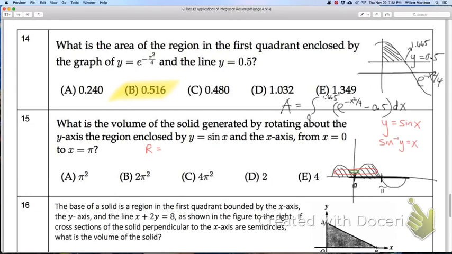So that is the function I have to use. R equals sine inverse of y. And then for little r, lowercase r, it's the inside function minus the x-axis, which actually in this case is still the sine function.